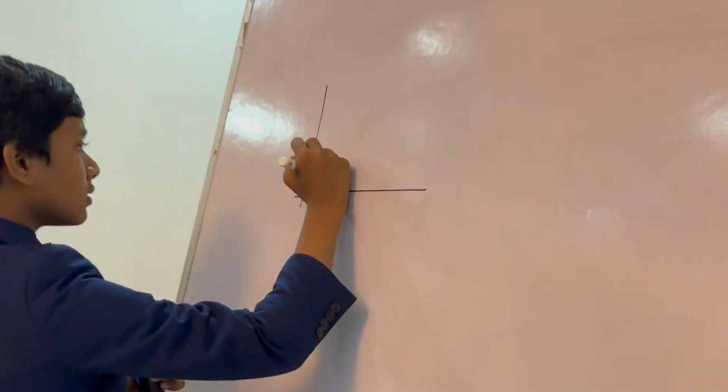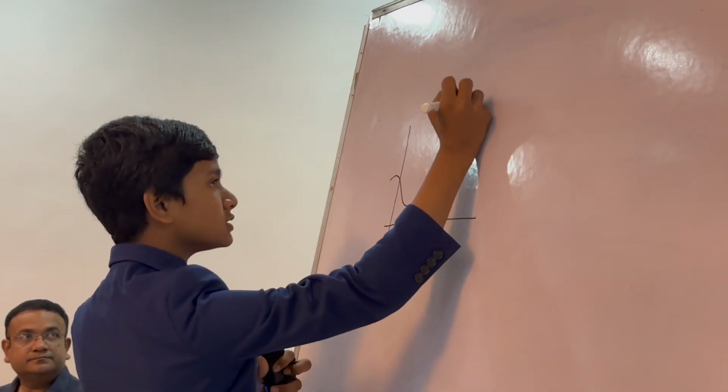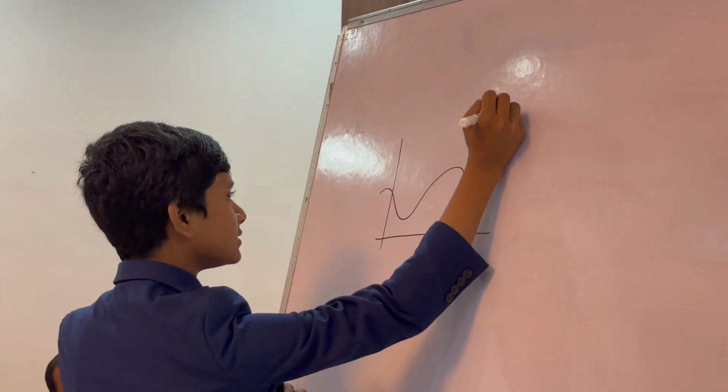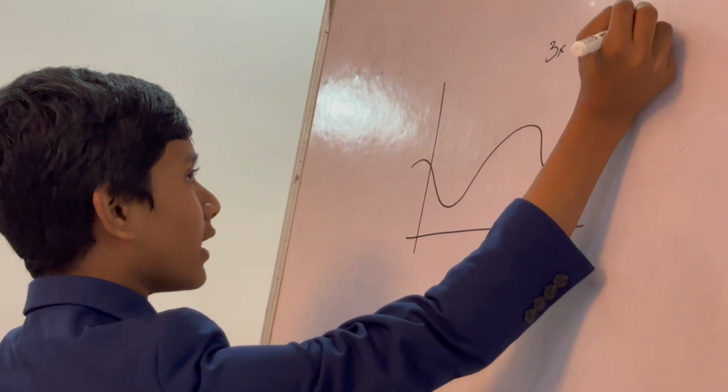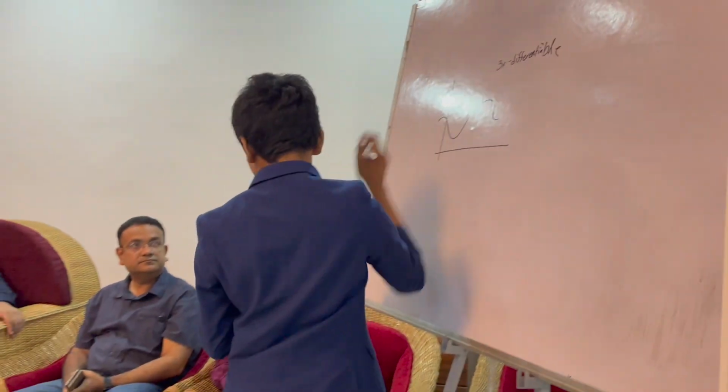So you said we have a twice differentiable function, a three times differentiable function that is symmetric around a line x equals a.